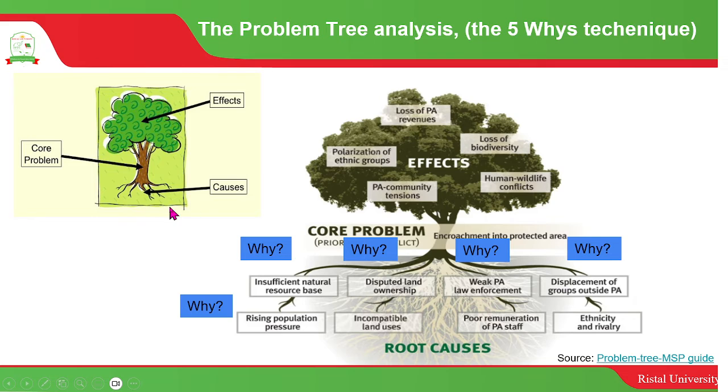There is a root cause down there. But the major problem that you will always be able to see is the trunk. The trunk of the tree is your core problem.